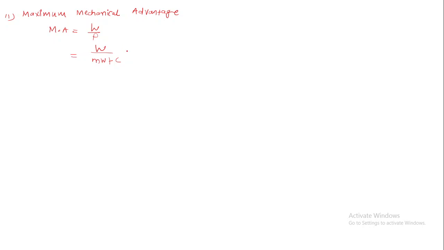So from here we can write load divided by w, I will take w common. So m plus c by w. So if w is greater, जर लोडची व्हॅल्यू खूपच जास्त असेल तर c by w आपण काय करू शकतो? निग्लेक्ट.